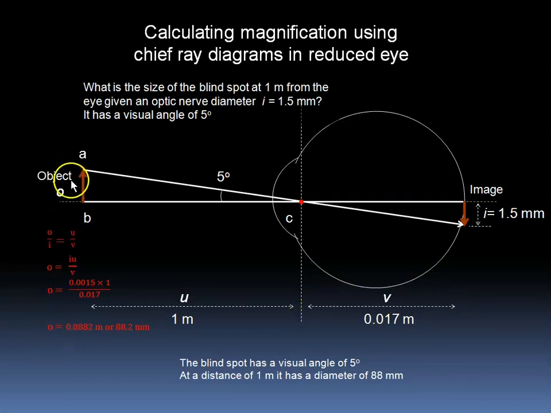So the object height, in other words, the size of the blind spot, the diameter of the blind spot, will be 88.2 millimeter when it is 1 meter away.